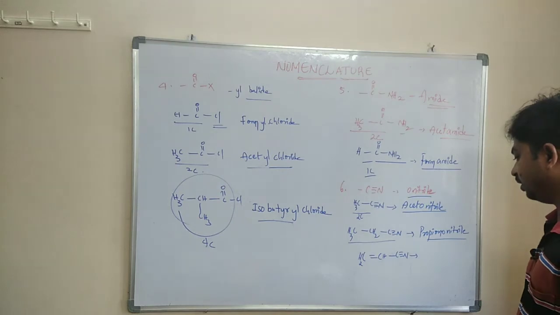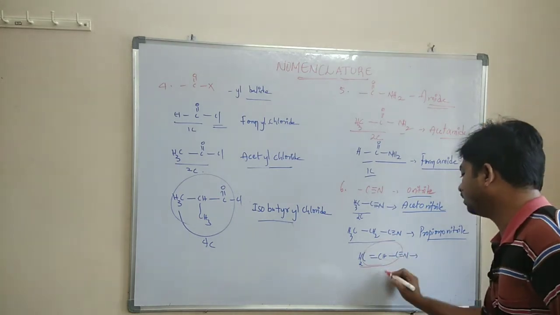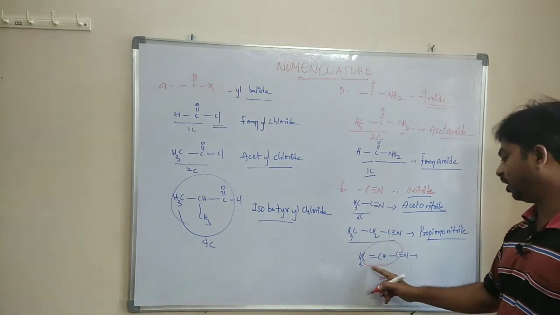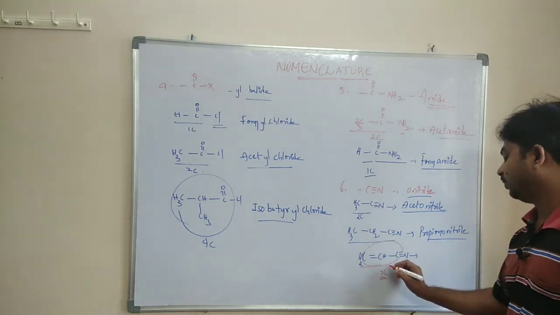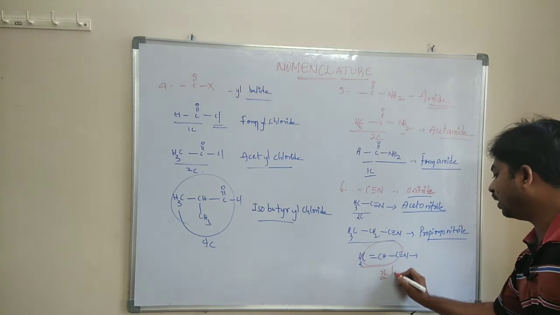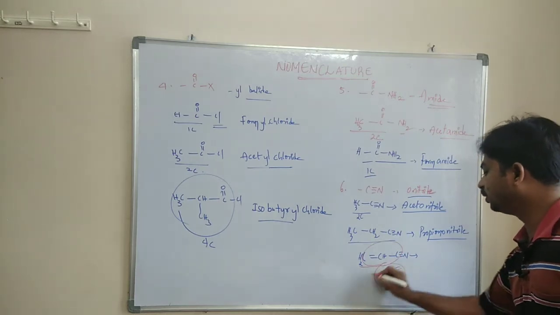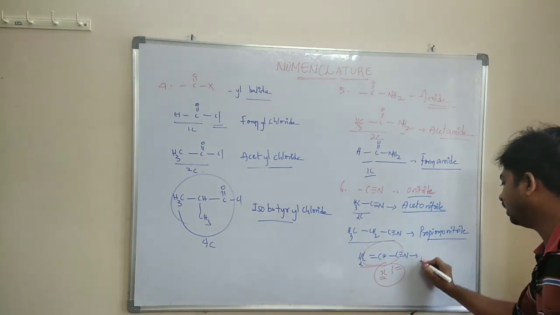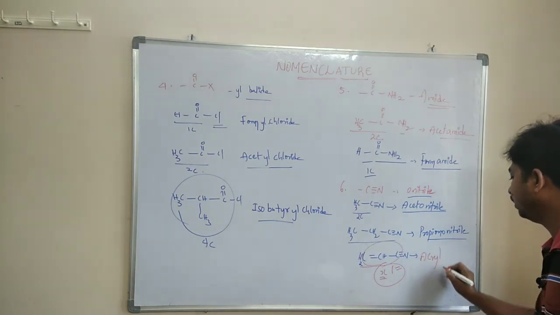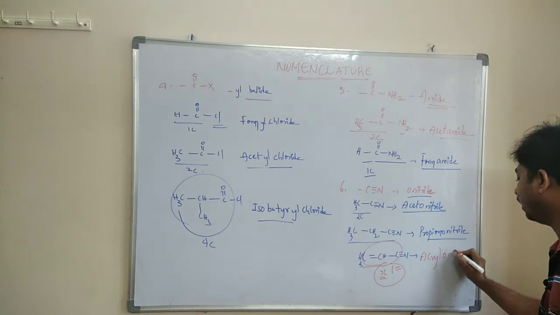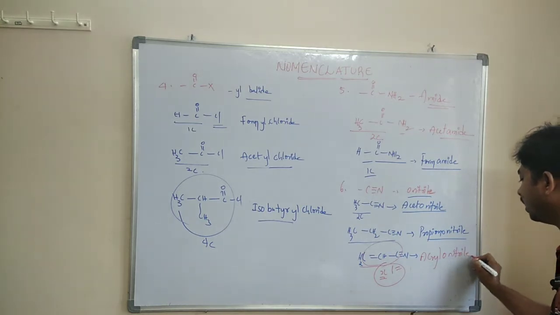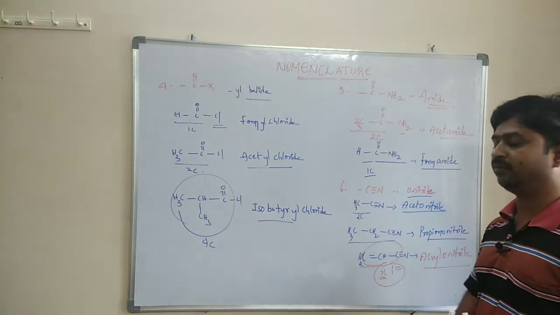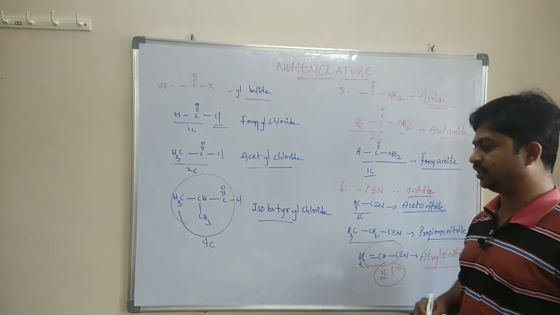It has three carbons. At the same time, here you can see three carbons with one double bond. So this group is called acryl. Then the suffix is onitrile. The name becomes acrylonitrile. Like this we can give the names for cyanides.